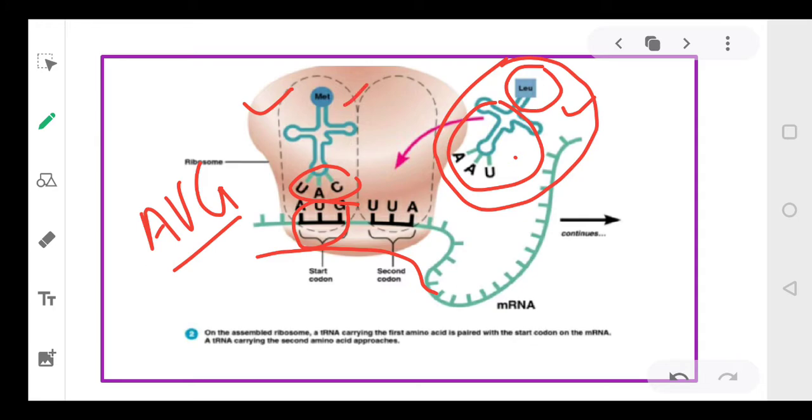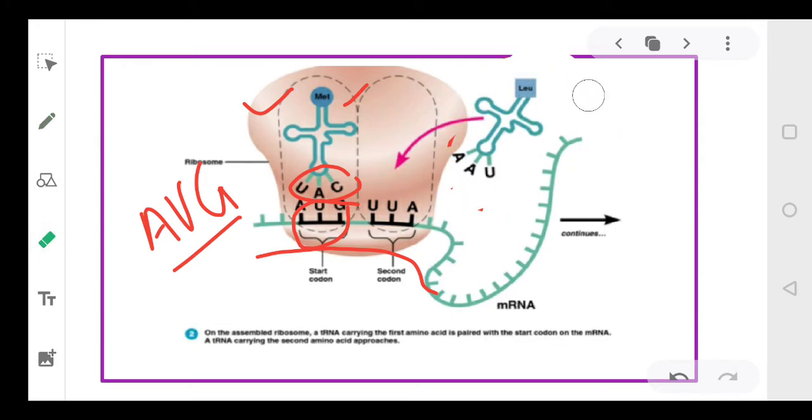Dear students, which amino acid will be formed? Methionine will be formed. Clear? So first the charged tRNA, which is bound with the amino acid, will bind with the initiation codon or the start codon, AUG, and it will automatically code for the amino acid methionine.